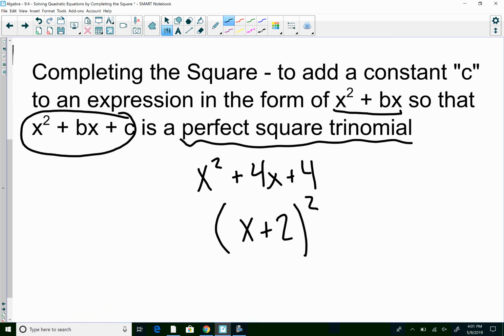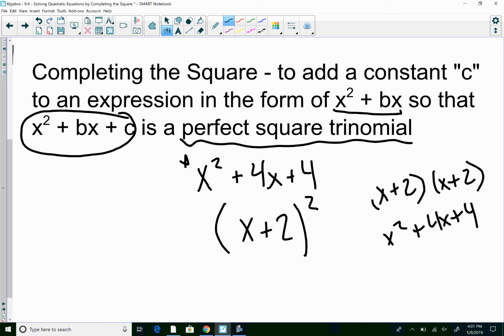If we do x plus 2 times x plus 2, this turns into x squared plus 4x plus 4. Technically, this is the perfect square trinomial. What you want to be able to do is get it from this perfect square trinomial into this binomial squared.